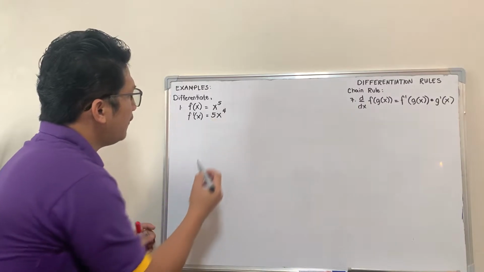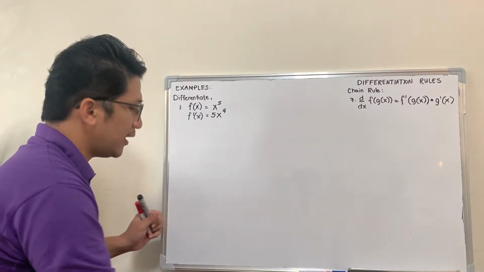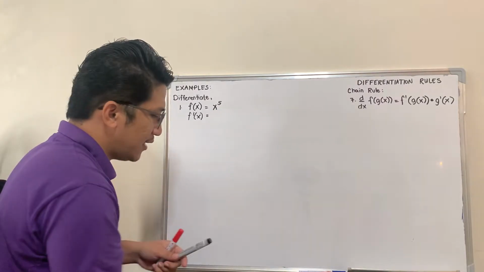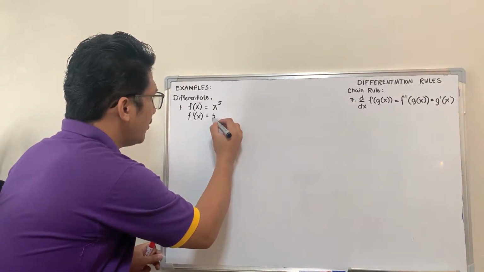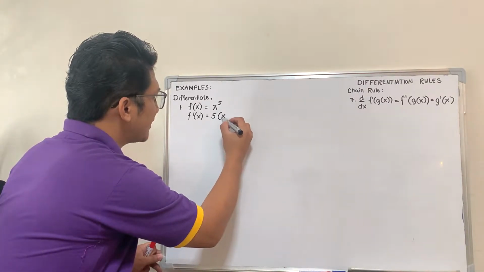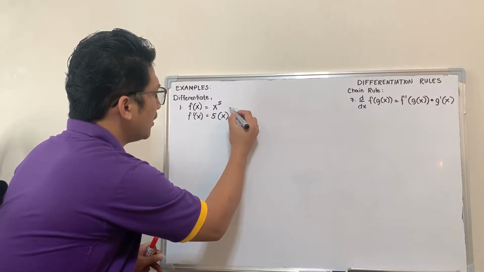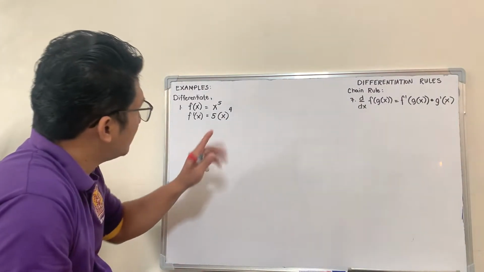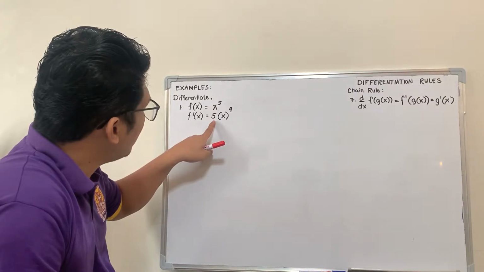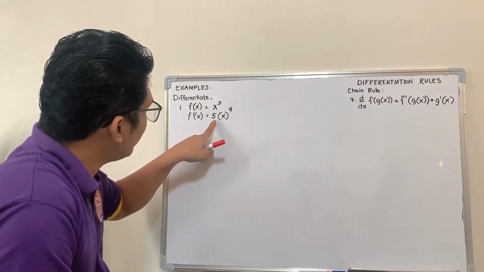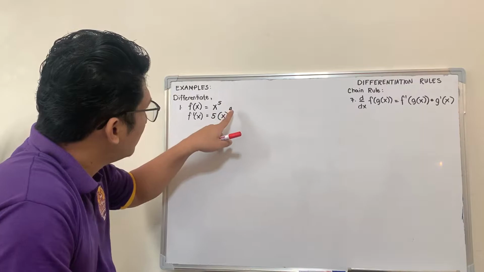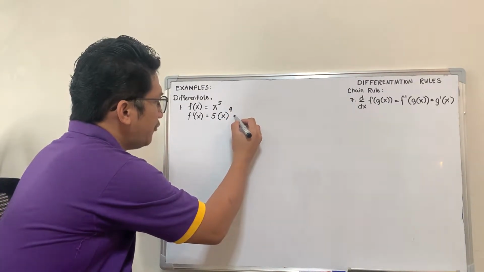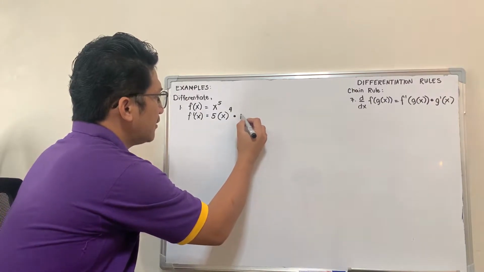But if you want, let's look at the true process. The 5 is our numerical coefficient, our base is x, and then the 5 minus 1 gives 4. So the exponent becomes the numerical coefficient, and we subtract 1 to get 4. And then there is actually the chain part, which is the derivative of the base.